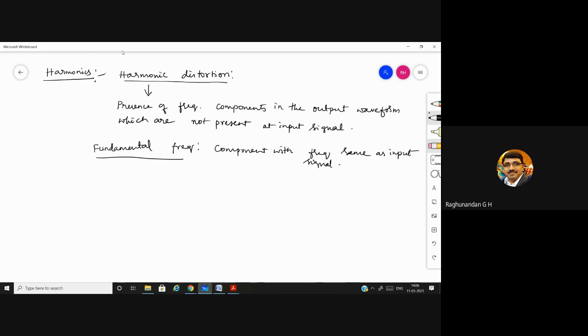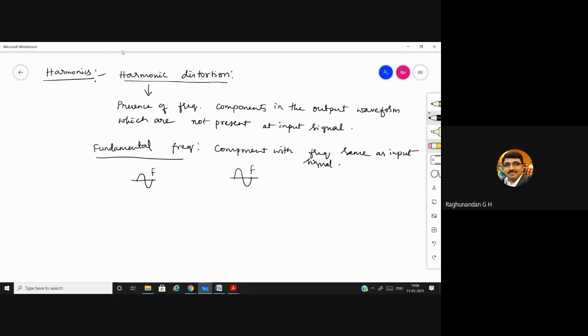Suppose you are giving this signal at the input, at the output you are getting an amplified version, but the same frequency is retained. Frequency is not going to change, only the amplitude is going to change. Then we say that it is retaining the fundamental frequency, the original frequency of the input signal.